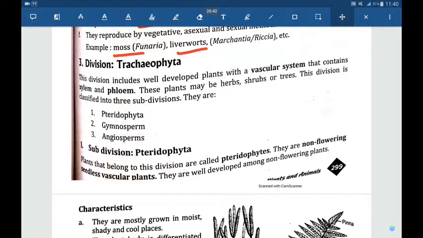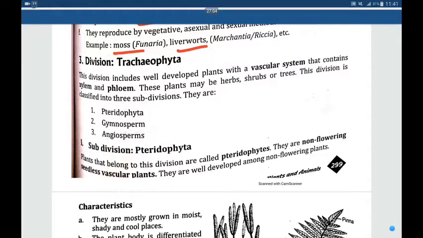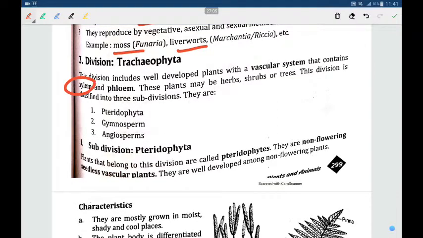Students, what are we discussing? We are discussing different divisions. What is the first division? Algae. Second, Bryophyta. Now third, Tracheophyta. Students, you have studied about xylem and phloem.